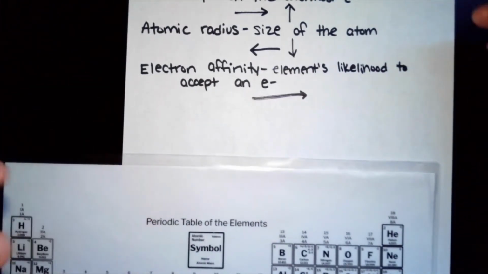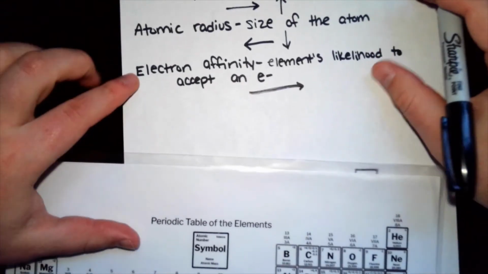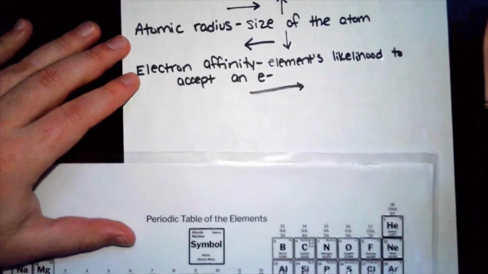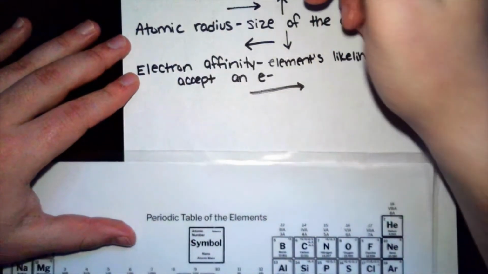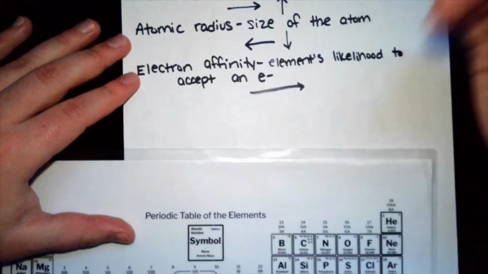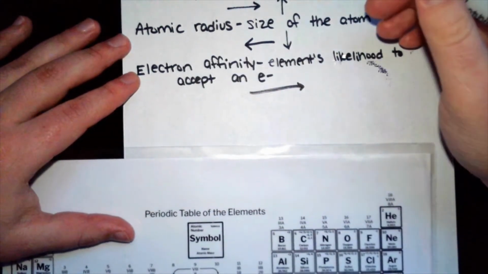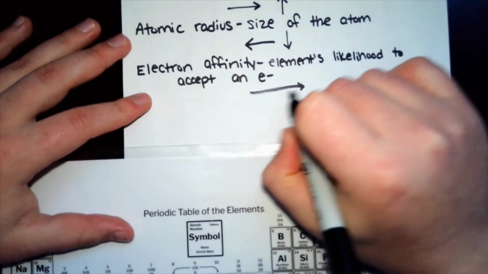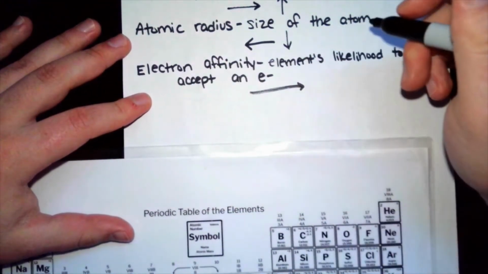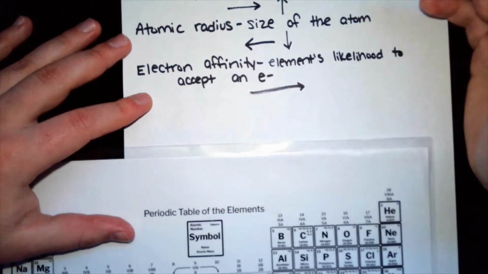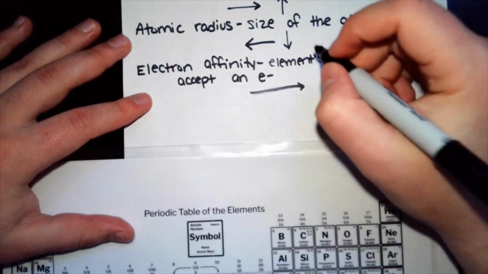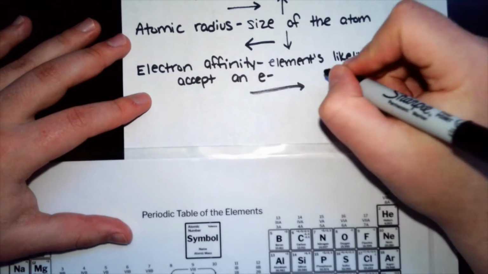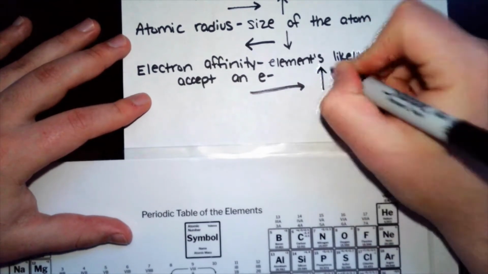And then the vertical trend is not as defined for electron affinity as it is for the other two, and for the next one I'm going to talk about. So there are definitely a lot of exceptions for the vertical trend, but not for the horizontal trend. But generally speaking, the electron affinity is going to increase when you go bottom to top.